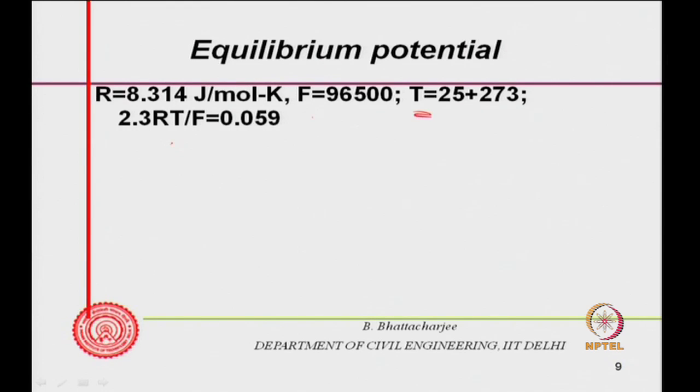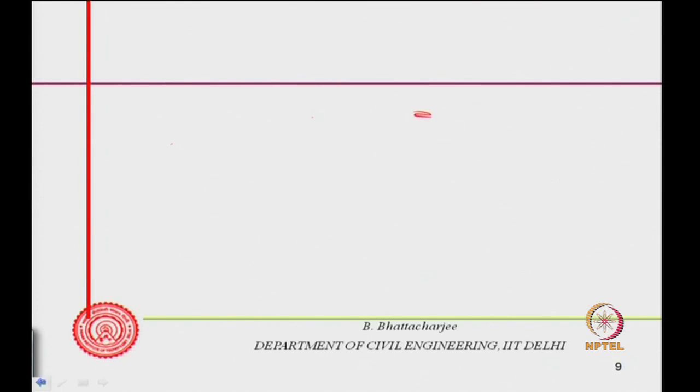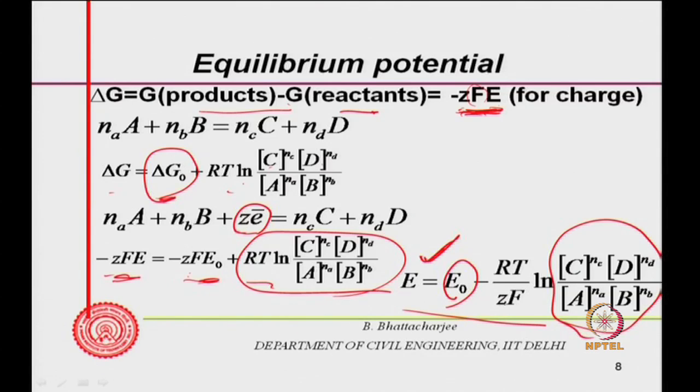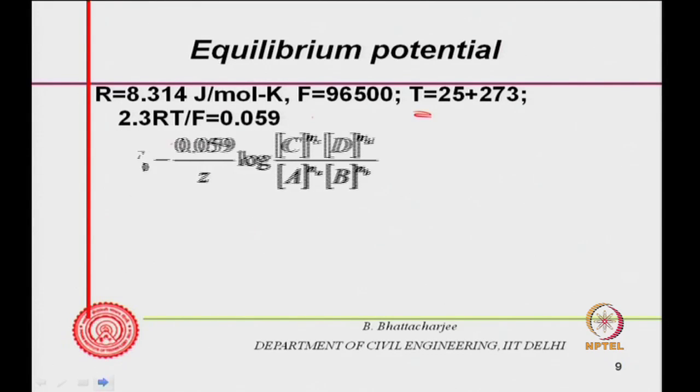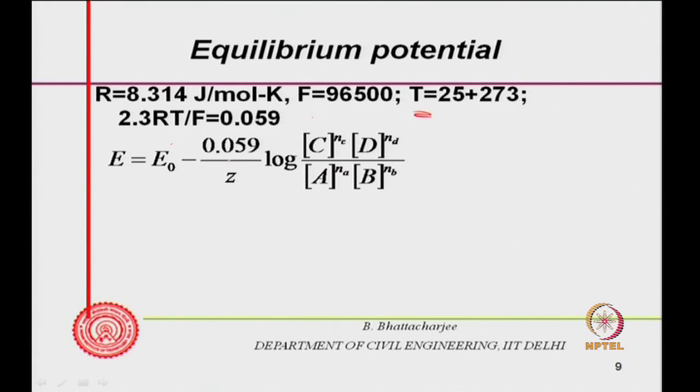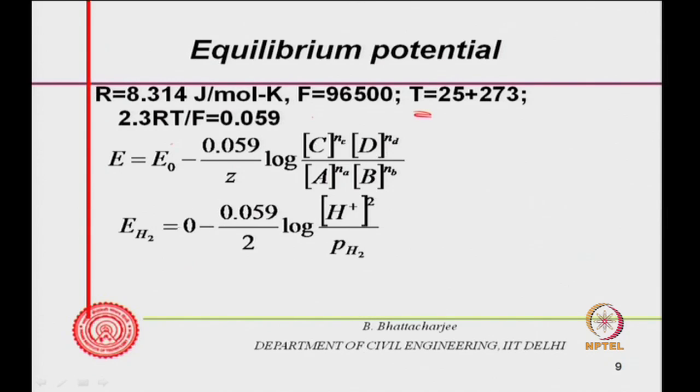Because ln can be converted into log, it will be 2.303 RT by F, which is 0.059, and I can write the expression as E equals E0 plus 0.059 over Z times the log term. In the case of hydrogen, E0 is 0 under standard conditions, that is 1 atmosphere pressure and unit concentration.